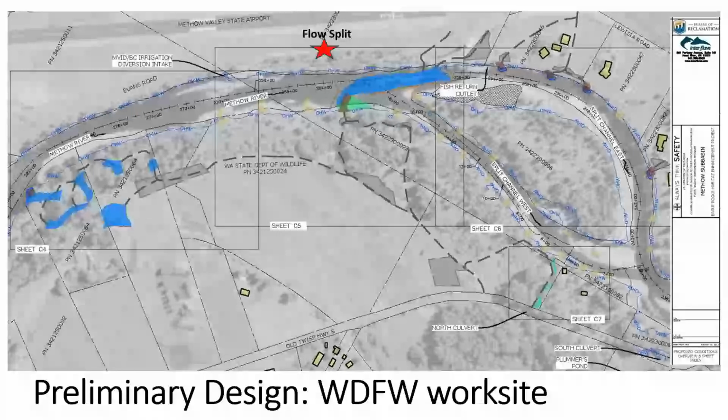And again, that would move that floodplain channel from active at roughly the 2-year flow to being active at an annual flow.